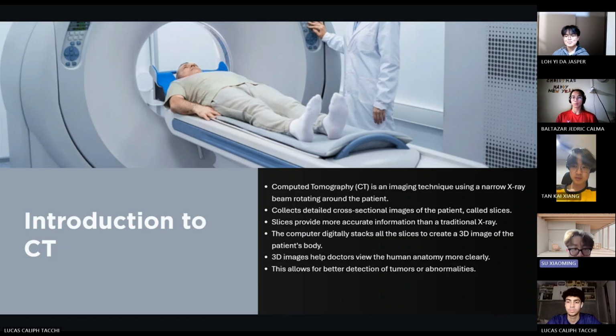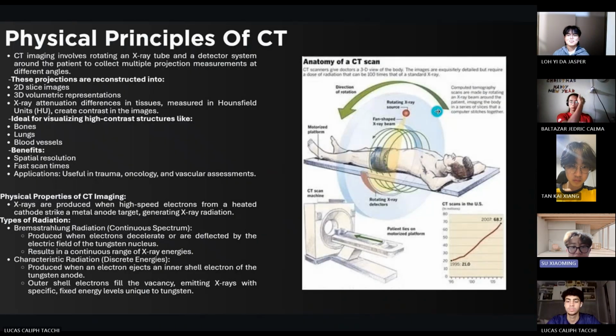bleeding, and organ damage. So, coming to the physical principles of CT imaging, CT imaging is based on the production, interaction, and detection of X-rays. Inside the X-ray tube, electrons are emitted from a heated cathode and are accelerated towards a tungsten anode, producing X-rays.